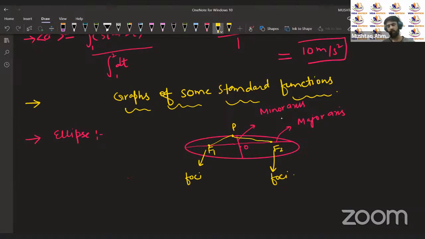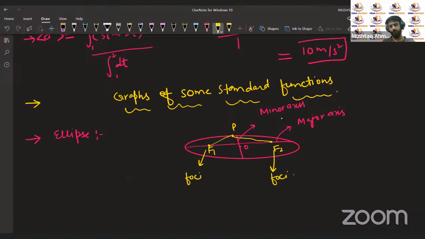That's what we actually understand by the ellipse. It's a locus of points for which the sum of distances from two fixed points is a constant for all the points. So this is what we call an ellipse.